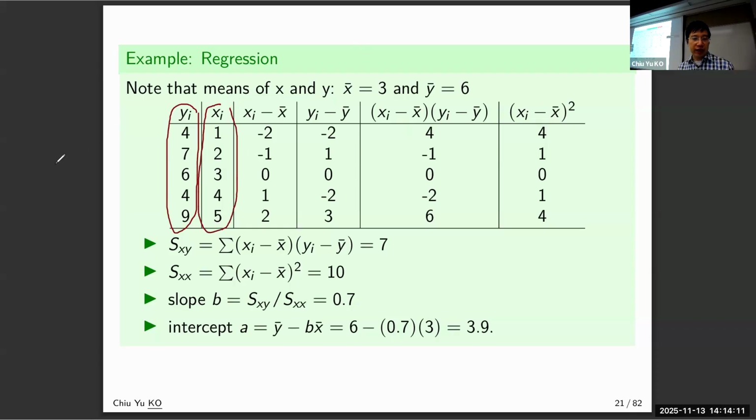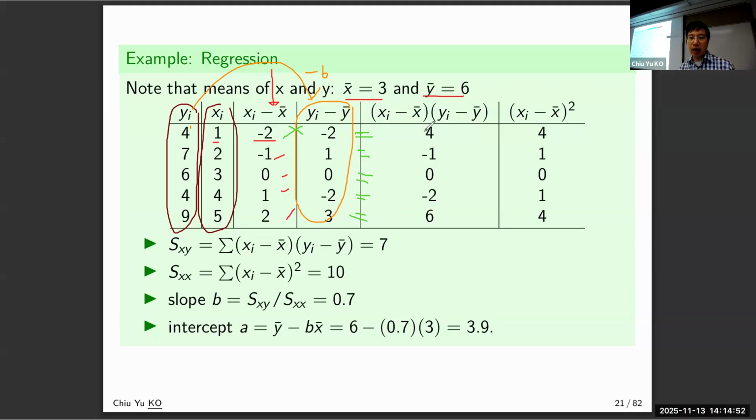First, we can calculate the mean of X and the mean of Y. Mean of X is 3. Mean of Y is 6. For this column, you subtract X bar, 3, from everything. And the next column, you subtract 6 from everything. 4 minus 6 is negative 2, and so on. The next step is to multiply these two columns and you get all these numbers. Why do we do that?